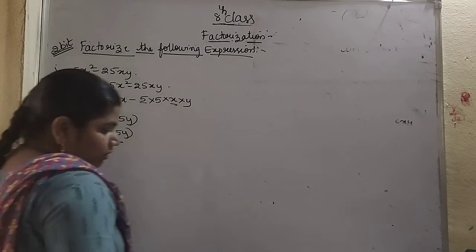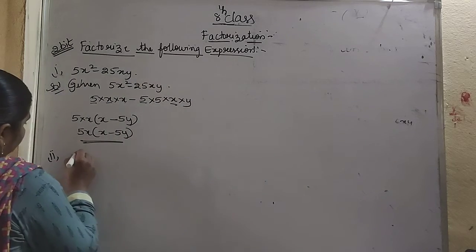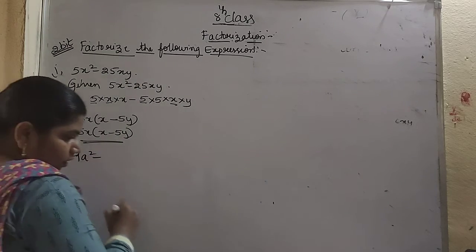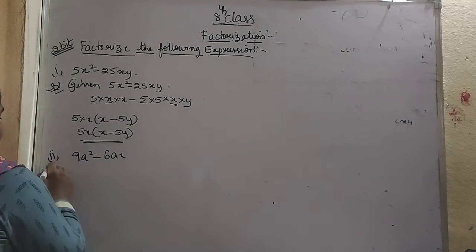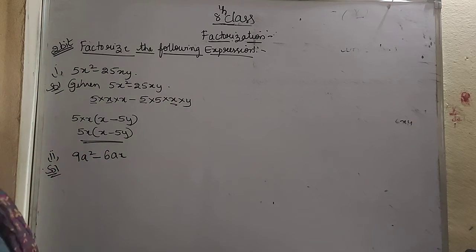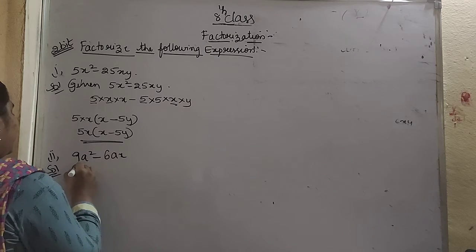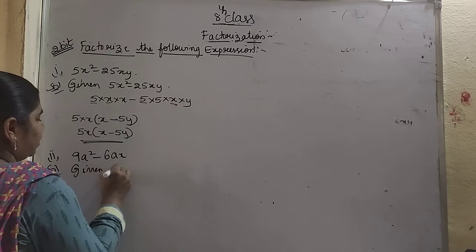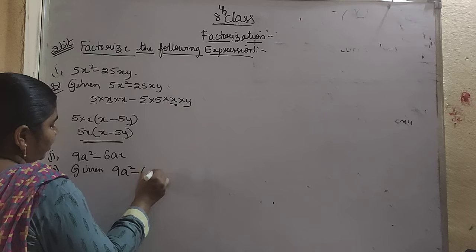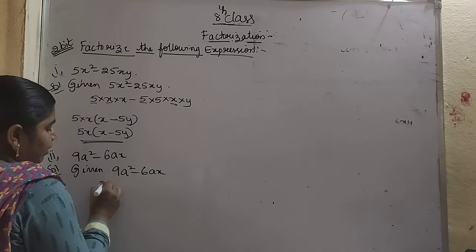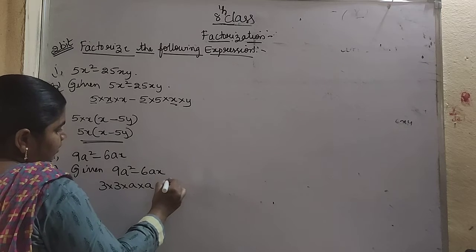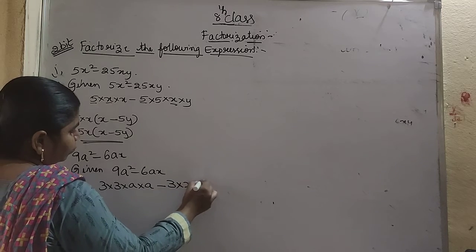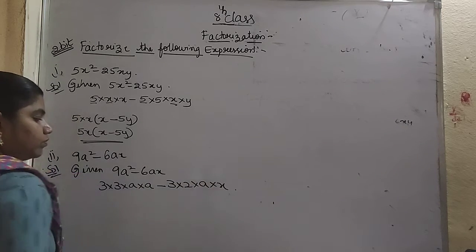The second one is 9a square minus 6ax. Each and every term we have to factorize now. 9a square can be written as 3 into 3 into a into a. 6ax can be written as 3 into 2 into a into x.